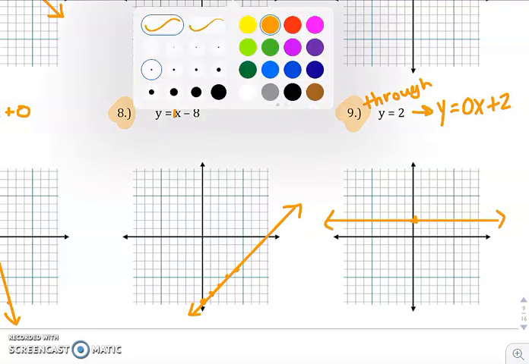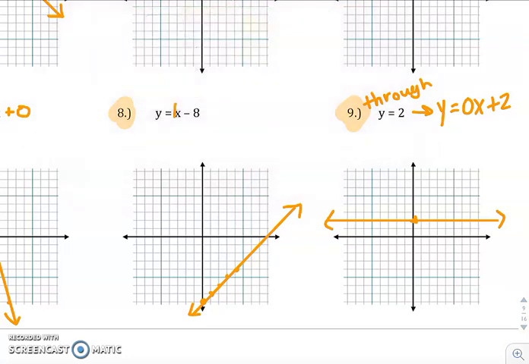Now I know this is not on your paper, but say you were given the equation x equals 4. Same thing, on your x-axis of a positive 4, 1, 2, 3, 4, it's going to be a vertical line going through that value.